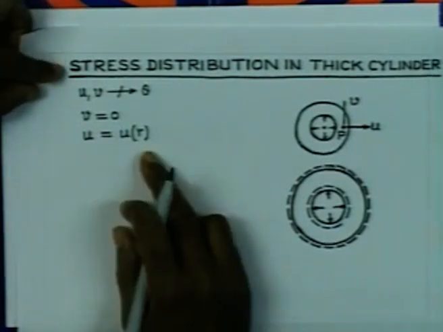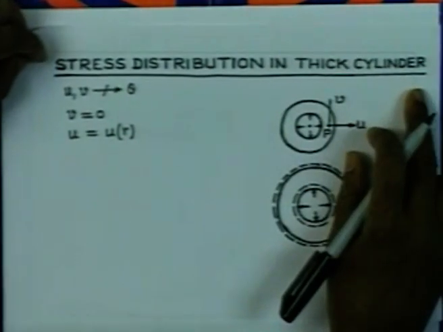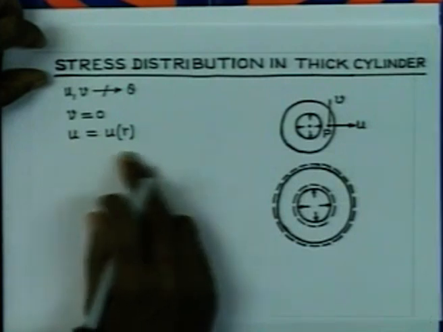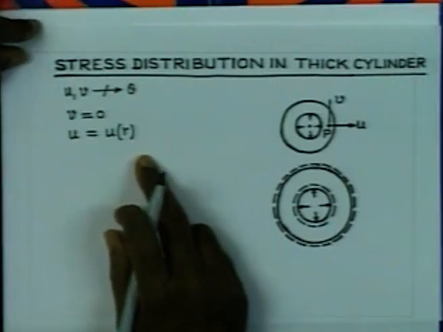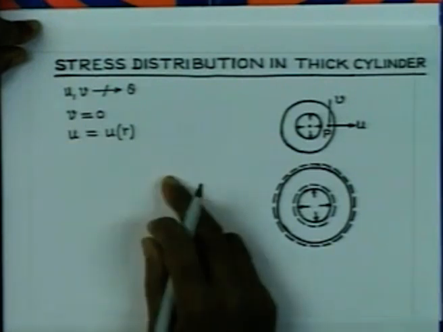Now, with this deformation pattern, to find out the stresses or stress distribution in the thick cylinder, we can get started with this displacement. Let me just tell that this displacement is related to the strains.